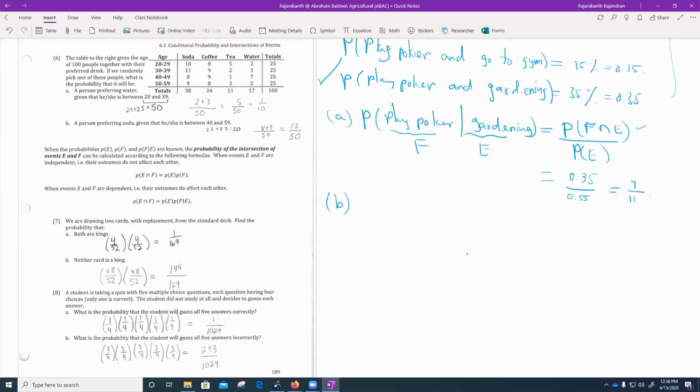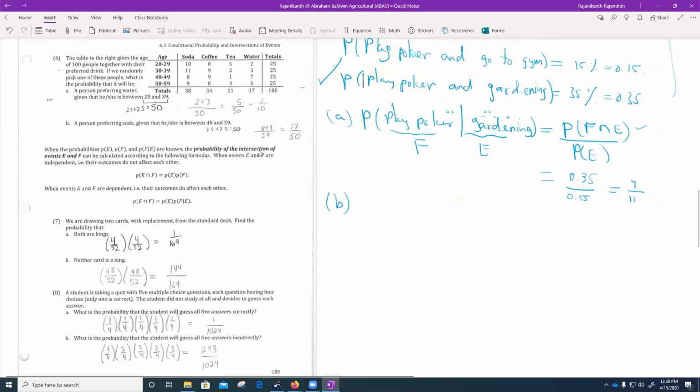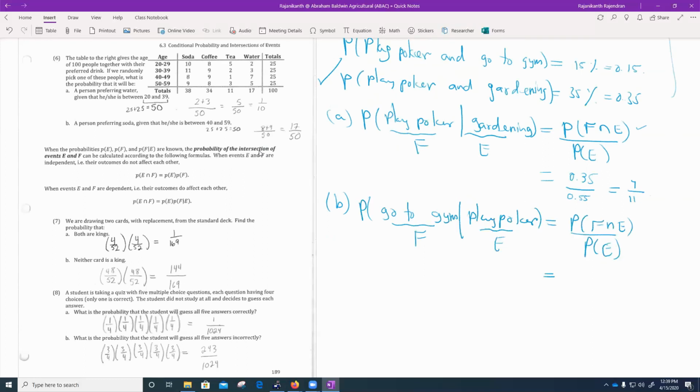The second part is: find the probability that a resident goes to the gym, given that they play poker. So those who go to the gym, but the given condition is playing poker. Again it is a conditional, so this is F and this is E. I'm using the probability formula now. Going to the gym and playing poker is my numerator.